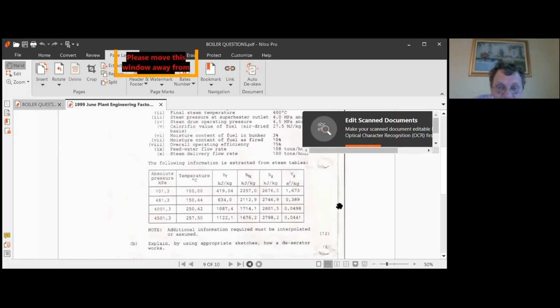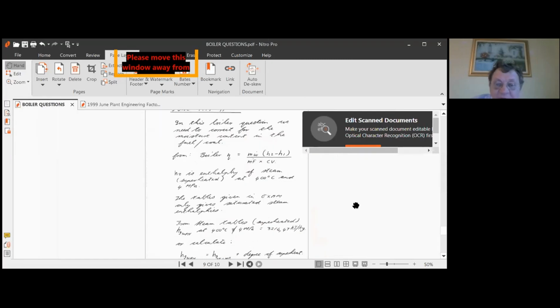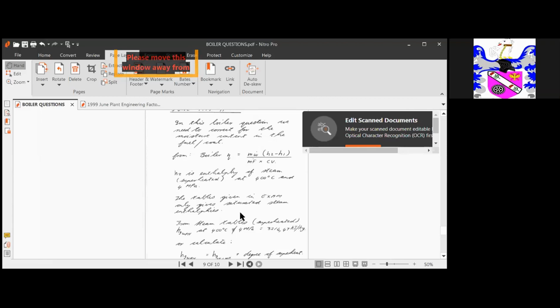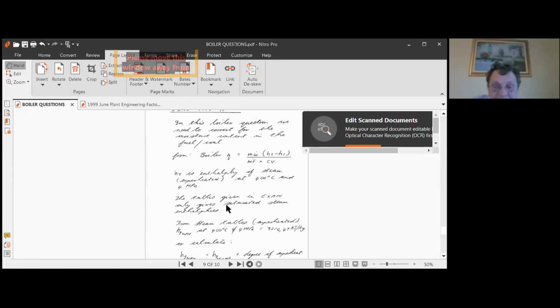Now, obviously, I will need to calculate the boiler efficiency, because from the boiler efficiency, I can work backwards and then get the value that I want. So I said H2 is the enthalpy of the steam superheated at 400 degrees Celsius and 4 MPa.